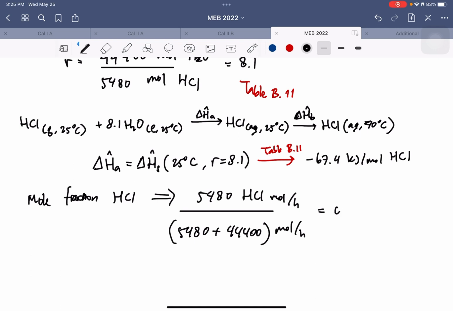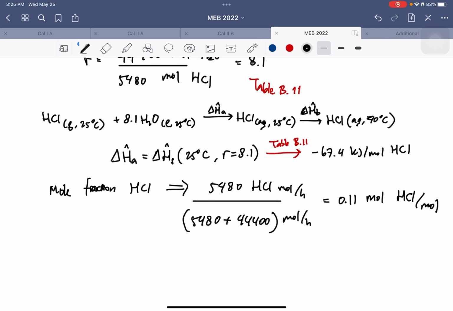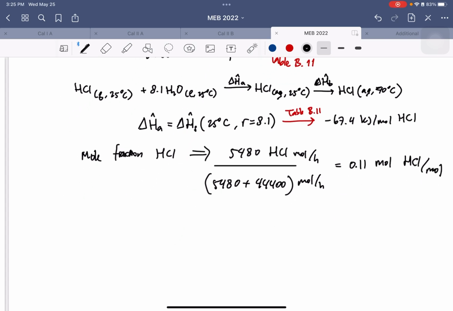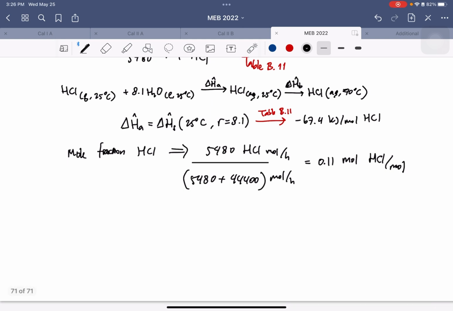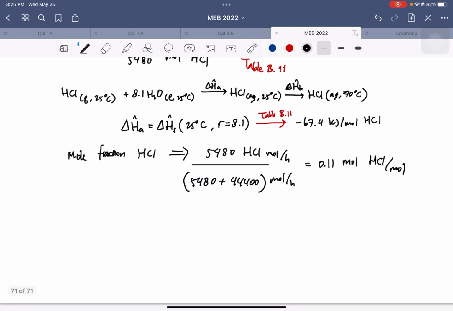This will be 0.11 mole HCl per mole. Okay, and then from here we take the CP, we calculate for finding the delta HB. This is 0.73 kilocalorie. We need to take some conversions first.